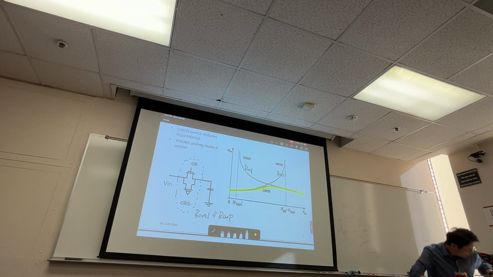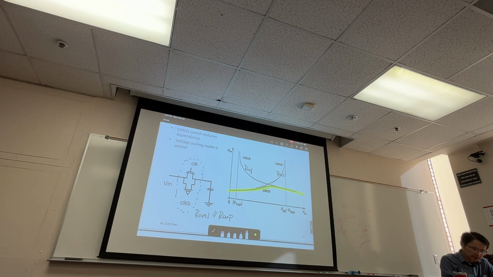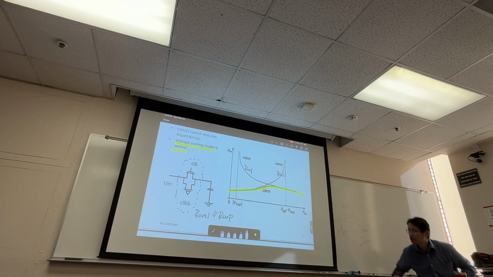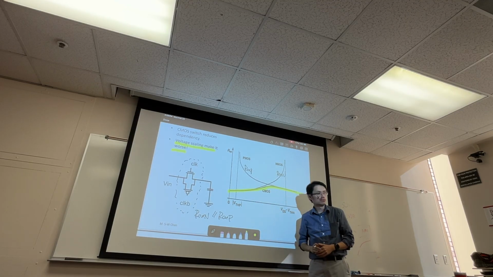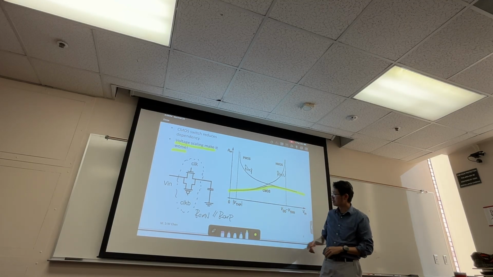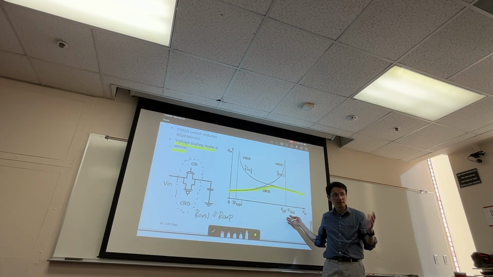So the middle part you usually need to be a bit careful with, especially, as I said here, scaling will make it worse. Because the VDD is smaller, it will be compressed. With VDD really low, remember the VTH does not scale together with VDD. I said that in the technology class.